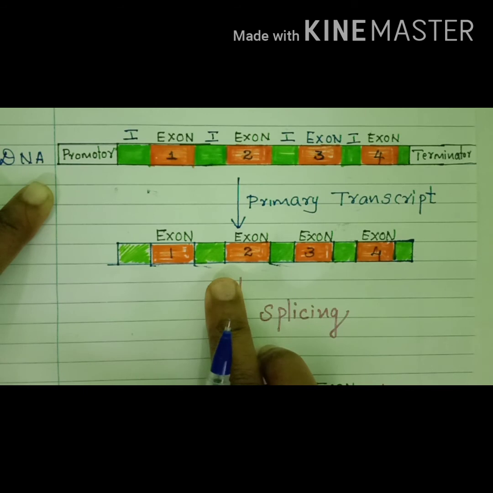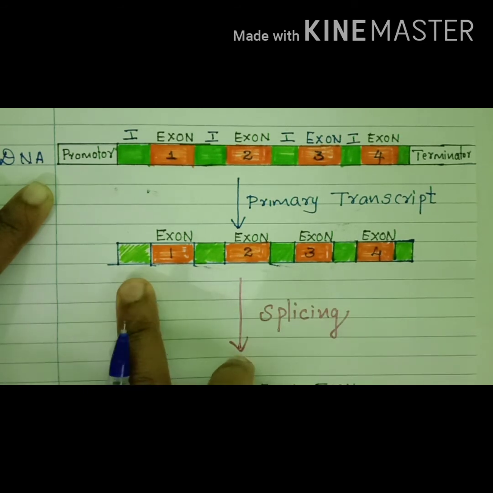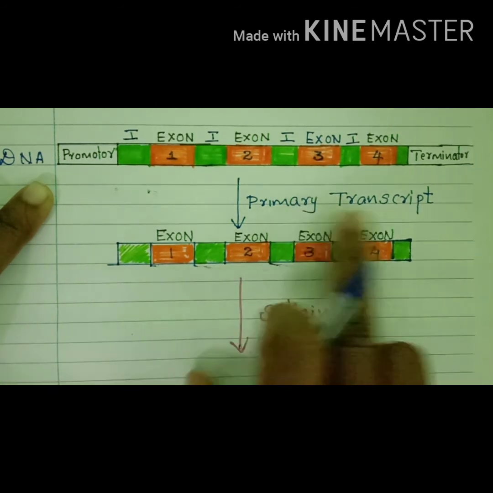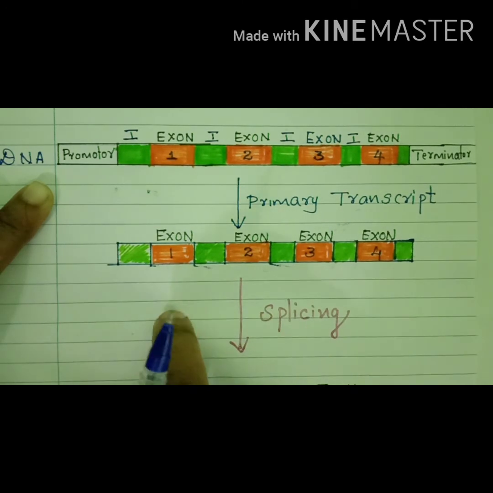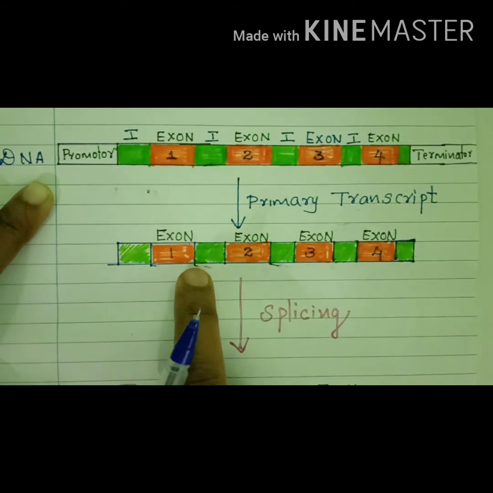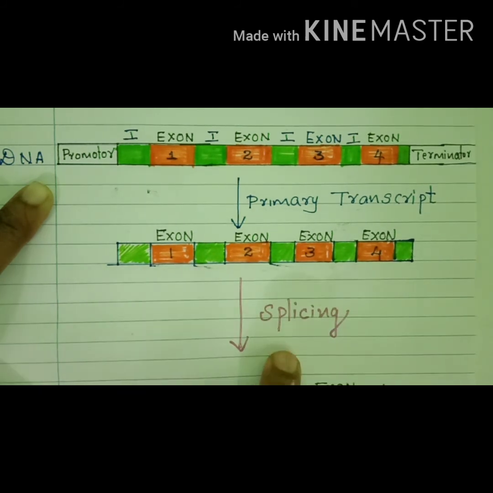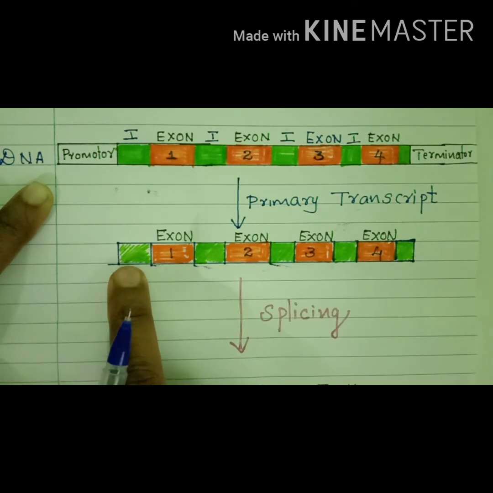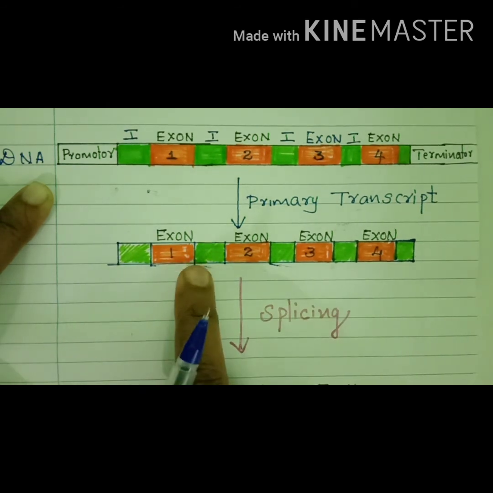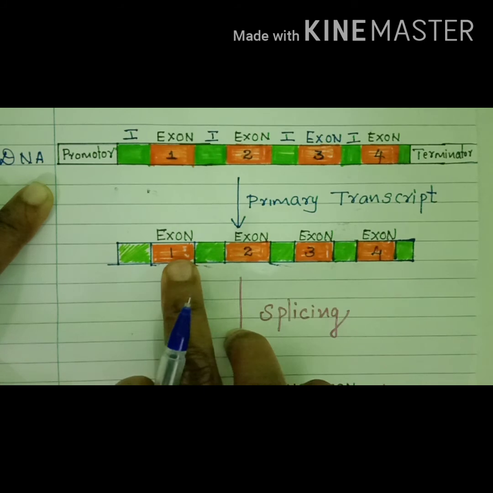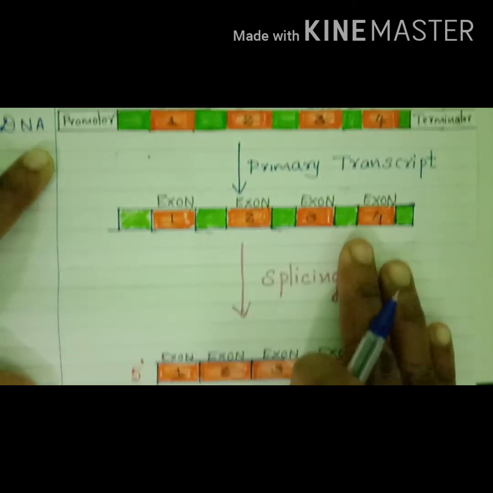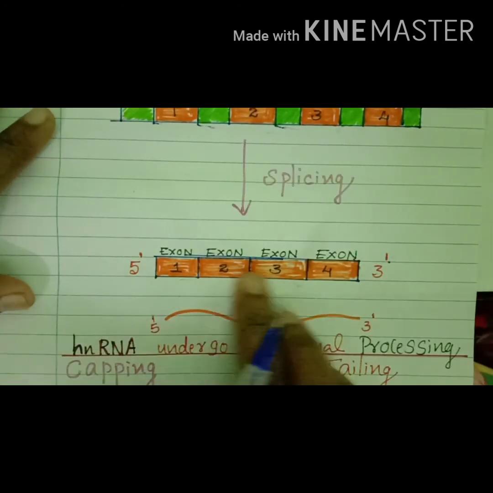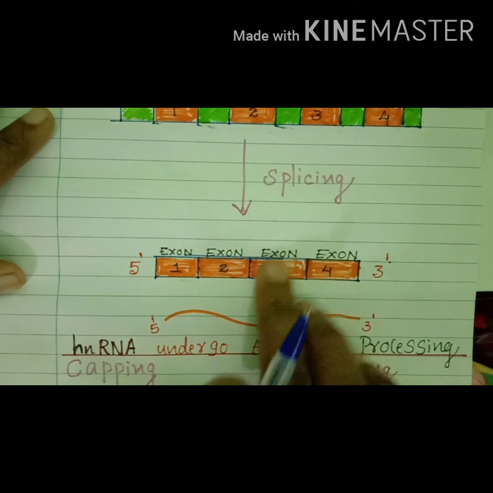That RNA also consists of both intron and exon. That is, the primary transcript also consists of both coding regions called exon and non-coding part called introns. So this primary transcript will undergo splicing, where the introns, the green parts, are removed, and the exons will join together. Here we can see a new mRNA after splicing.